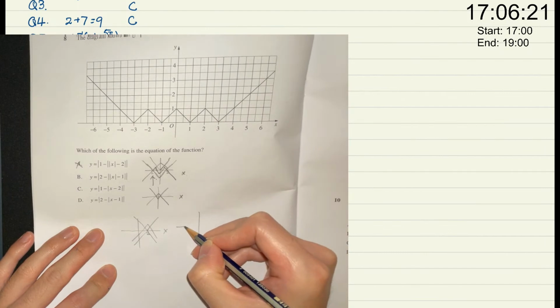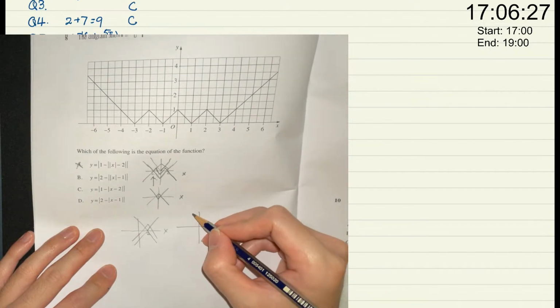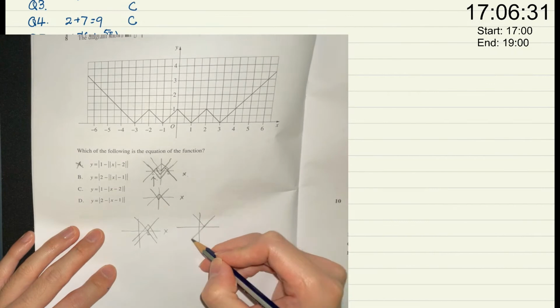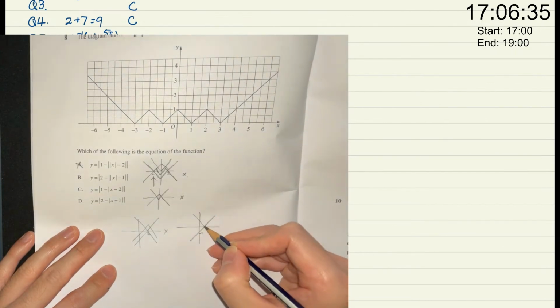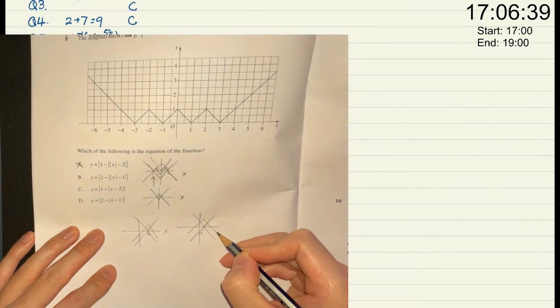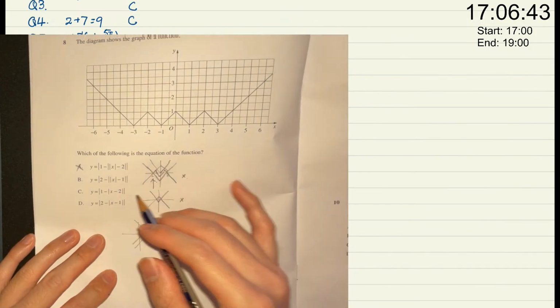Great. So D, this thing, followed by upside down, followed by move it up by 2. So we got -1 so far. If we move it up by 2, how's that going to help? And we absolute value that. No way, no. So it's definitely A or B.